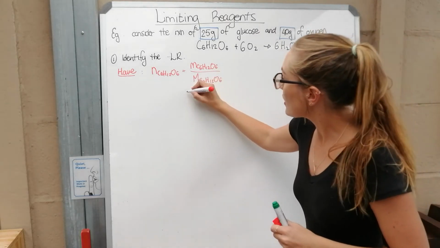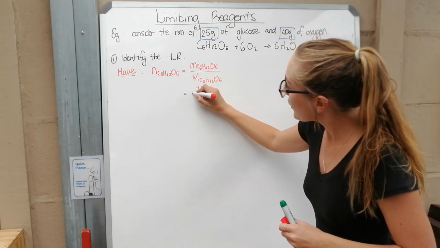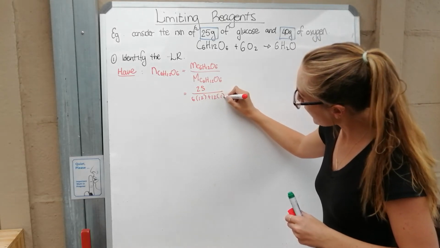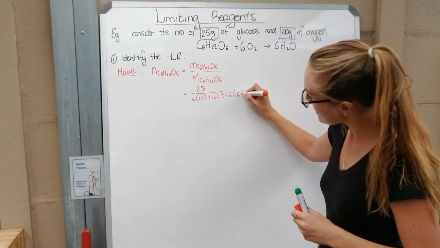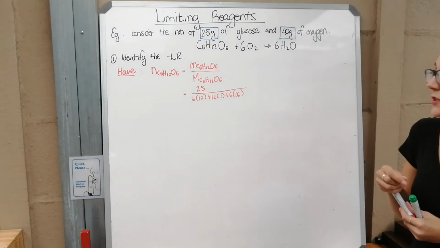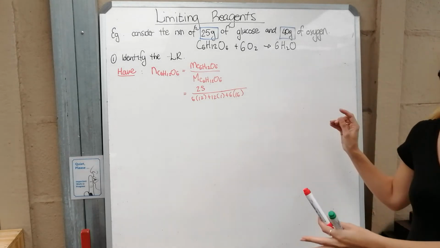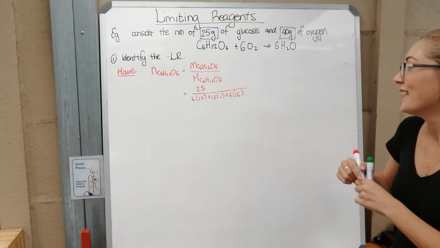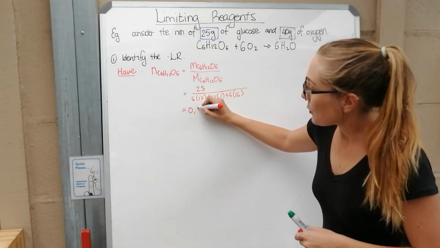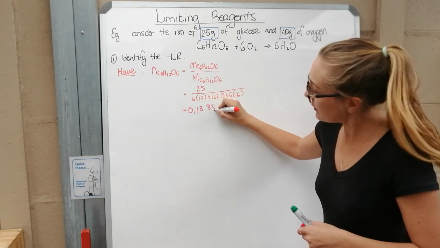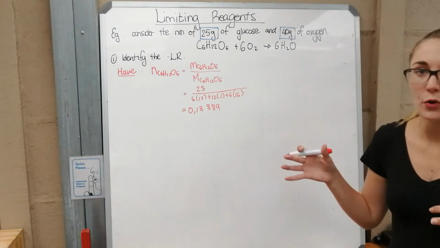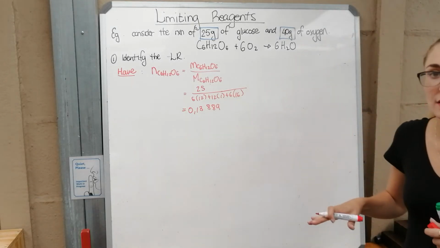So this would equal 25 over 6 times 12 plus 12 times 1 plus 6 times 16. Sorry, I am writing quite small because I'm going to try and answer all of these questions on the one board without erasing anything. I don't know if that's going to come right, but okay. And when we do this calculation, we get 0.1388, etc., but we can round off safely to 4 or 5 decimals while we're busy with the calculation.